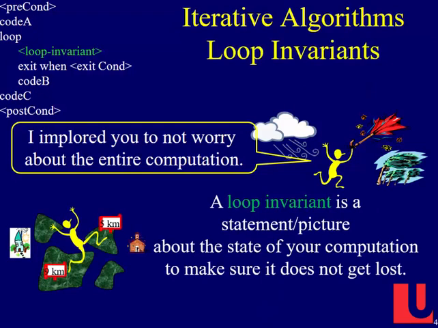So what is a loop invariant? It's not an action, all right? So put that in your brain right now. If I ever say, what is the loop invariant for such and such, and you give me an action, then you will get 0, right? Because a loop invariant is not an action. It's not the step you take when you go around.